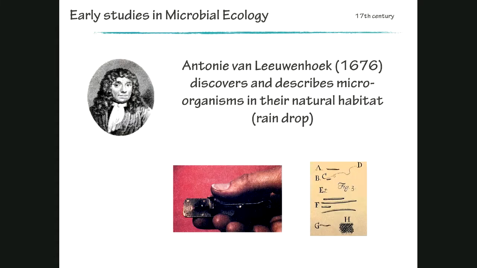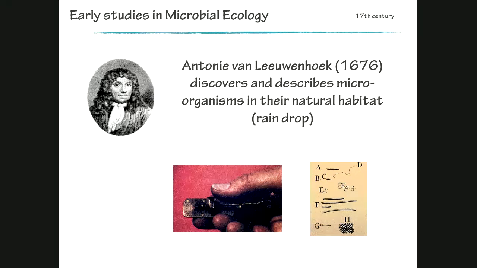So we go back to the origins. The term microbial ecology is from the 70s, but research in microbiology can be traced to the 17th century, when the father of microbiology, Anthony van Leeuwenhoek, who was from the Netherlands, discovered and described for the first time microbes in their natural habitat.